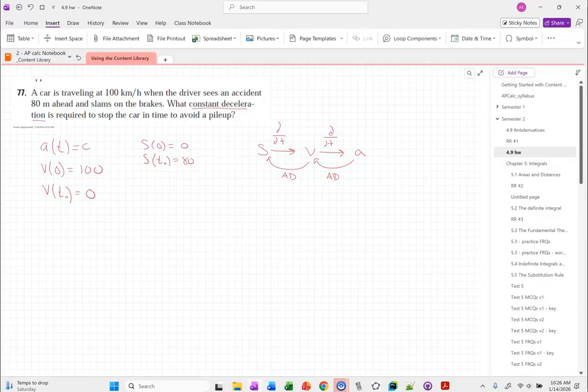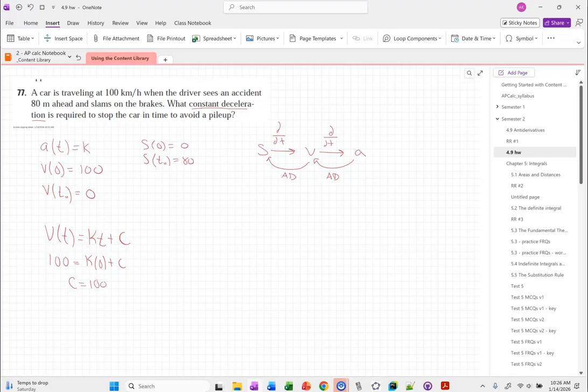So if I want to then calculate V of t, I'm going to use K. That's going to be KT plus some C, right? And I know that since V of 0 is 100, I know that C has to equal 100.